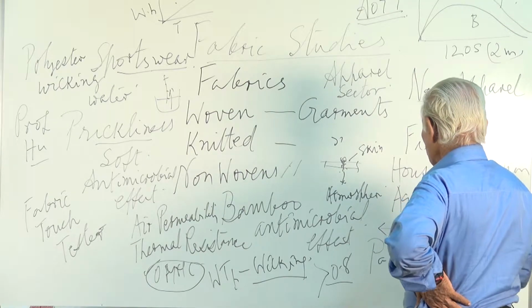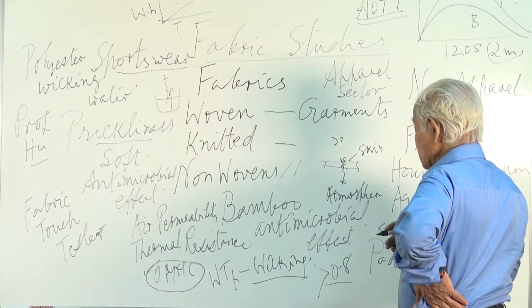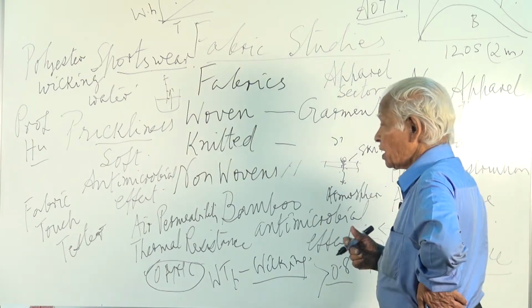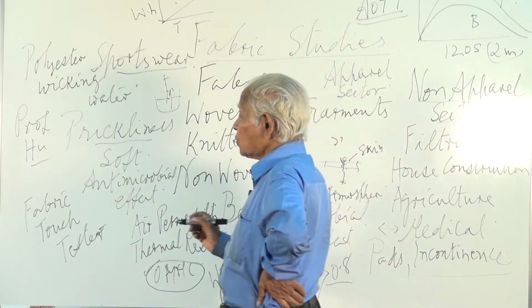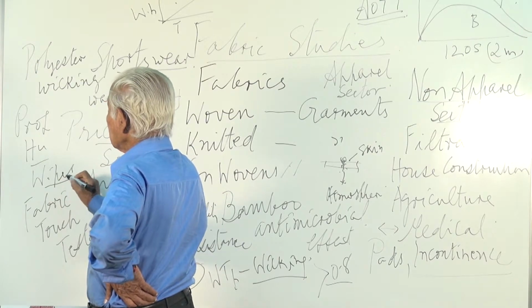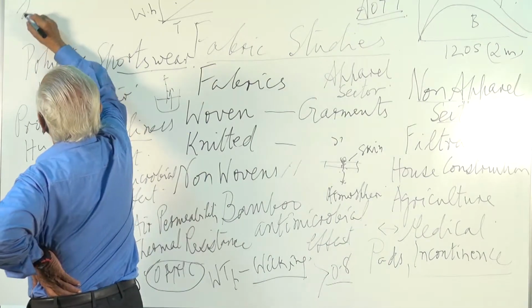And a considerable amount of work has been done on non-wovens, say from 1965 or 67 onwards, to find out their potential. And today the so-called wipes are nothing but non-wovens made by a process called hydroentanglement.